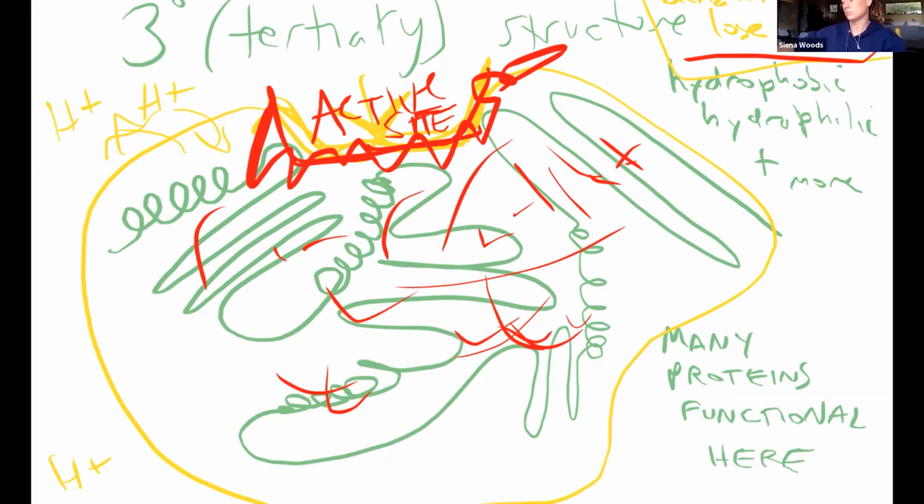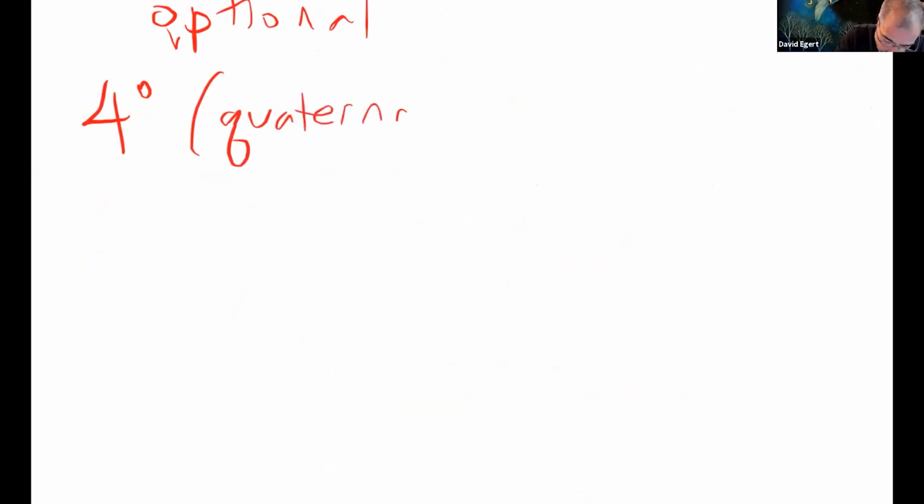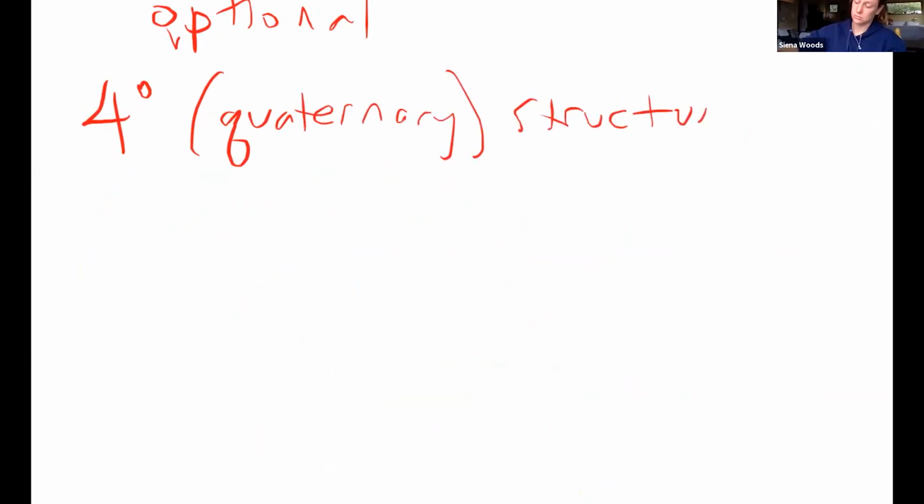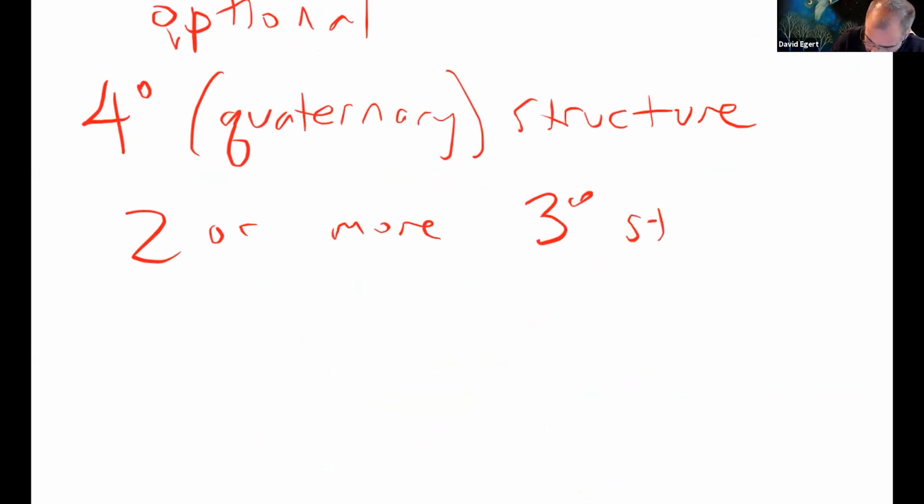There's one more level of structure that's optional. Quaternary structure. This is two or more tertiary structures to make a functional protein.